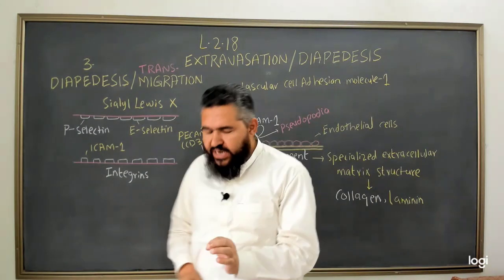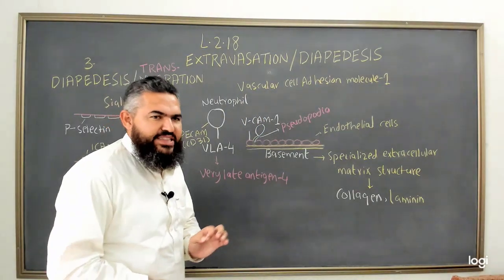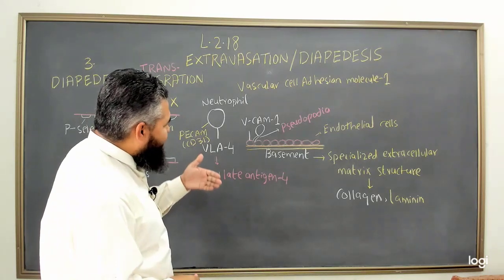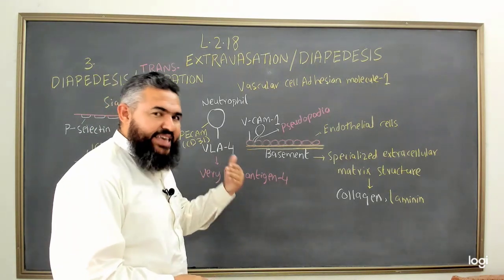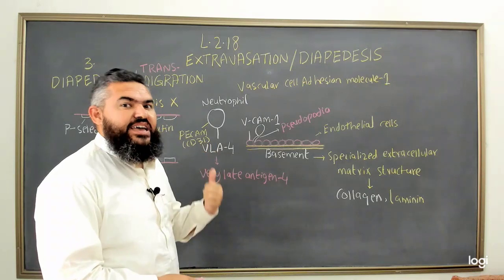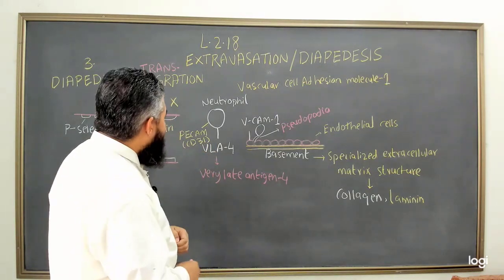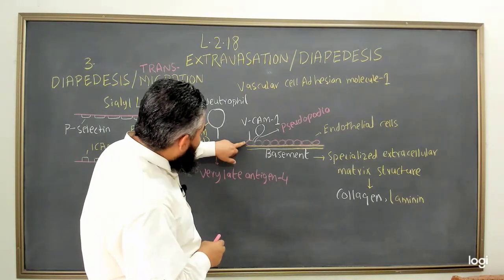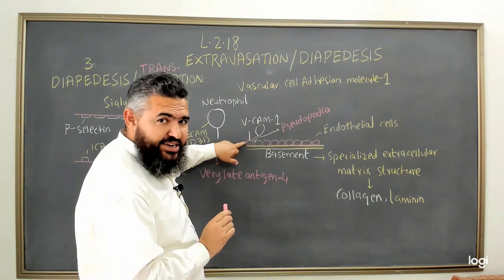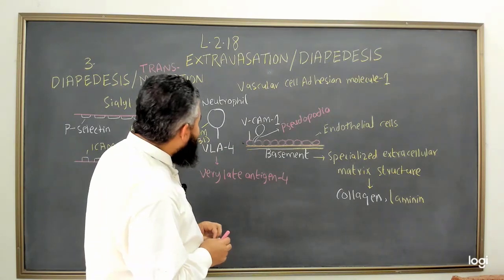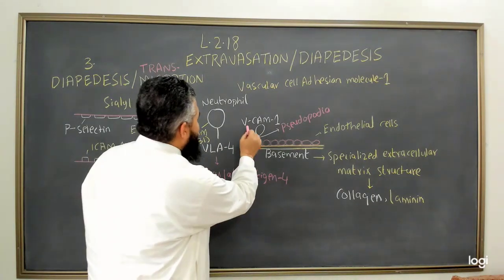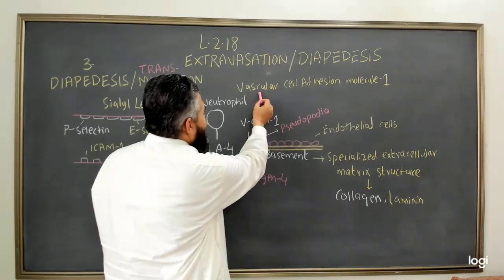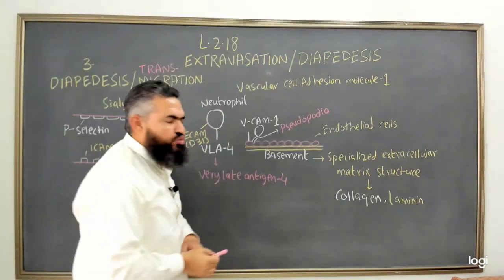Now, once the firm attachment or the tight binding has been achieved, there are certain changes still going on in the activated endothelial cells and in the neutrophils. The endothelial cells, after the tight binding, are going to produce another adhesion molecule, which is known as the VCAM1. This VCAM1 is actually the vascular cell adhesion molecule 1.